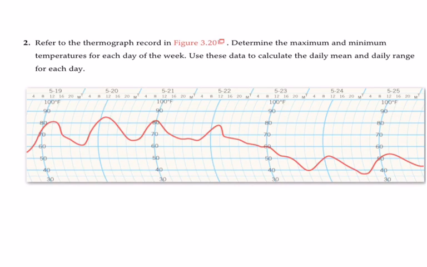Determine the maximum and minimum temperatures for each day of the week, and then calculate the average from your maximum and minimum. Remember, anytime you see daily mean, that means average, AVG for average, and the range. I had an asterisk there, so no complete sentences for that one.